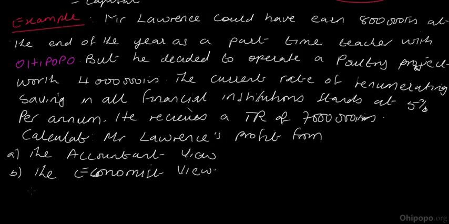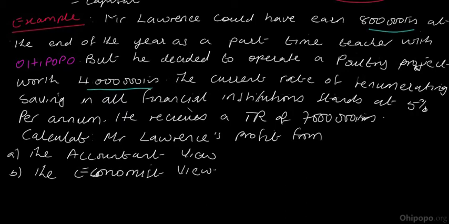Okay, now after seeing the implicit cost and the explicit cost, we are going to solve this example. Say Mr. Lawrence could have earned 800,000 francs at the end of the year as a part-time teacher, but he decided to operate a poultry project worth 4 million francs CFA.